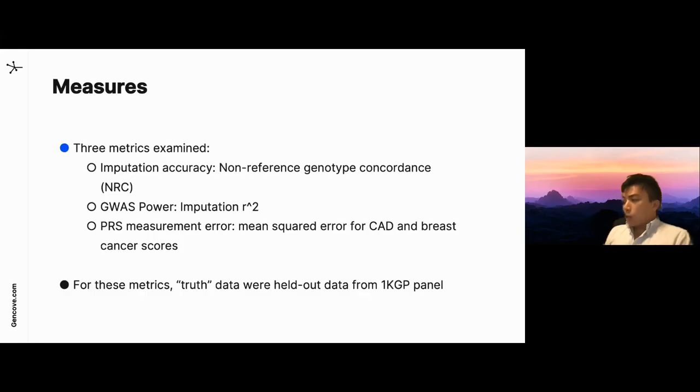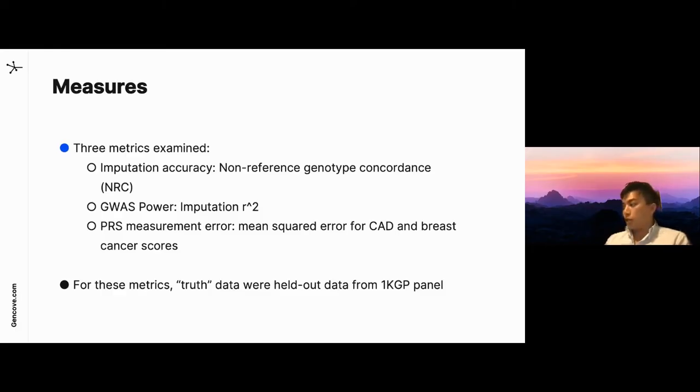And once we did this, we looked at 3 particular metrics of interest compared across these same individuals across different assays. We looked at, first of all, imputation accuracy as measured by the metric of non-reference genotype concordance.